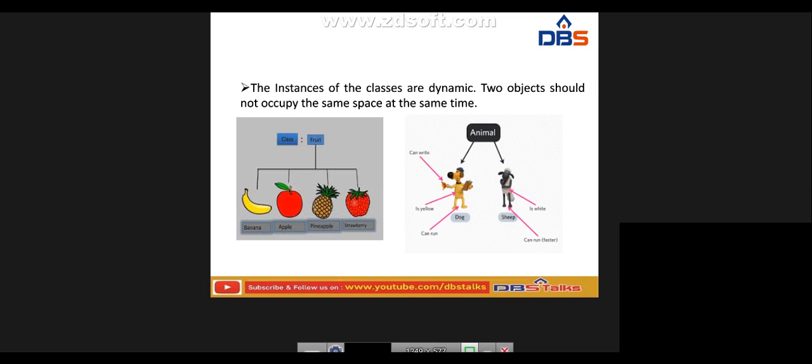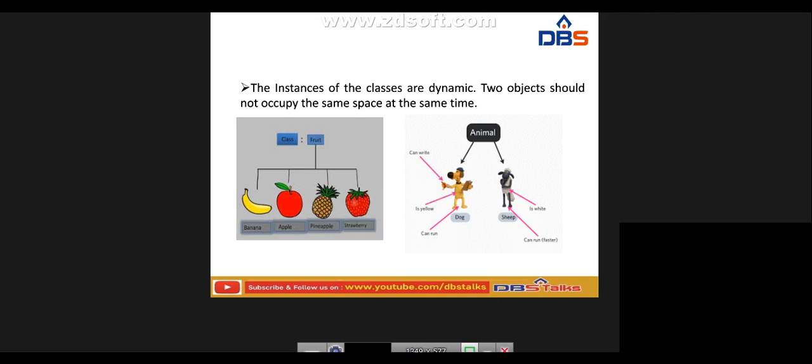See, the instances of classes are dynamic, that is the objects are dynamic. Two objects should not occupy the same space at the same time. Here we can define the class name as Fruit, and likewise in Java or object-oriented terms, class colon Fruit. There is the name of the fruit.